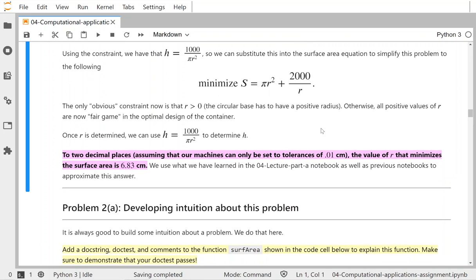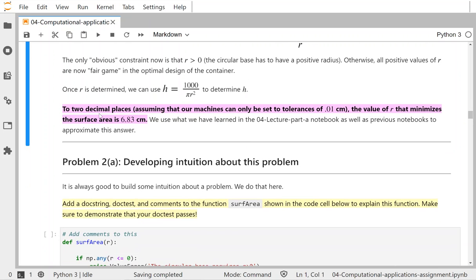Otherwise, all positive values of r are fair game in what will be the optimal design of the container. Once r is determined, we can use the constraint h equals 1,000 divided by pi r squared to determine what the height is. Now, to 2 decimal places, assuming that our machines can only be set to a tolerance of 0.01 centimeters in the manufacturing process, the value of r that minimizes the surface area is 6.83 centimeters.